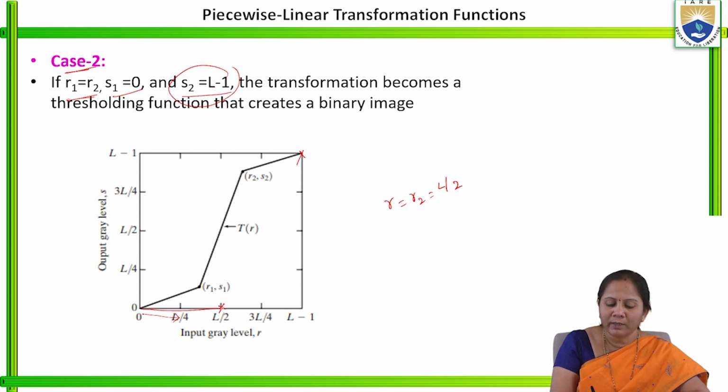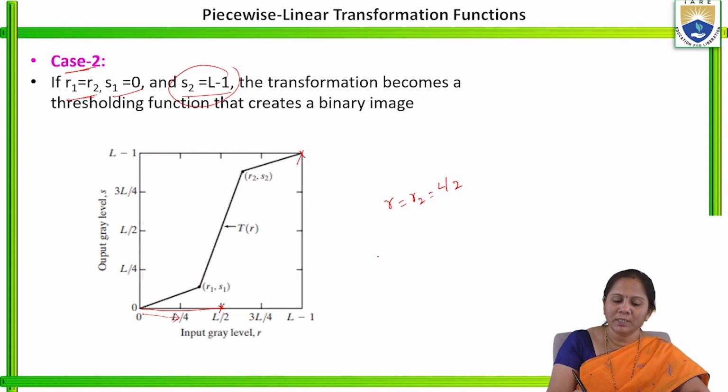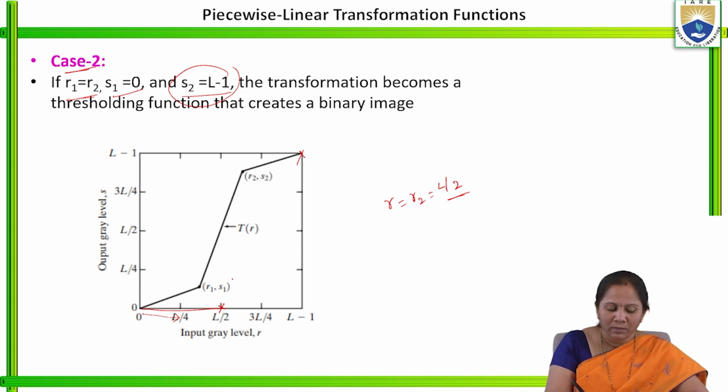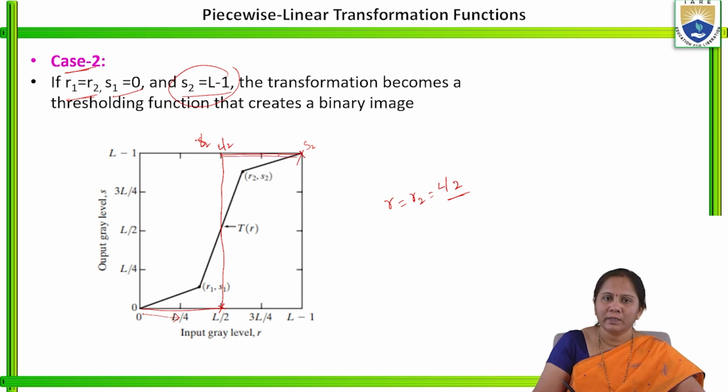From here to here. So S2 is L minus 1 and R2 is also L by 2. So this is L by 2, which is the value of R2, and here S2 is L minus 1. Like this, we are going to get the graph.